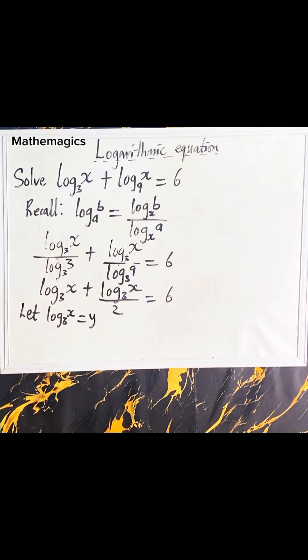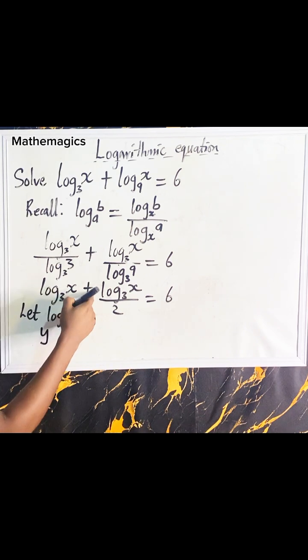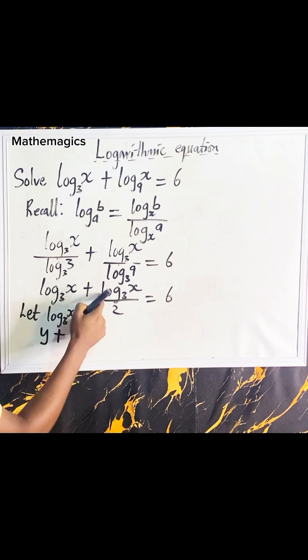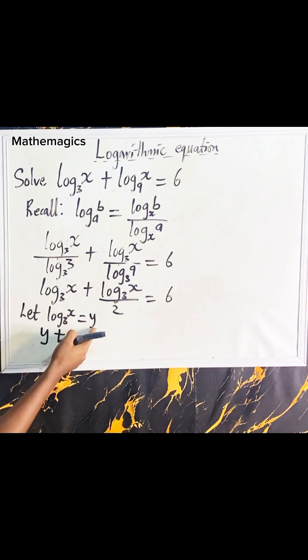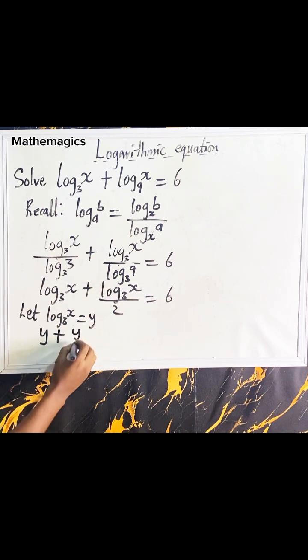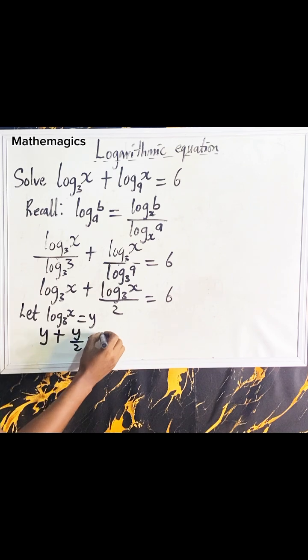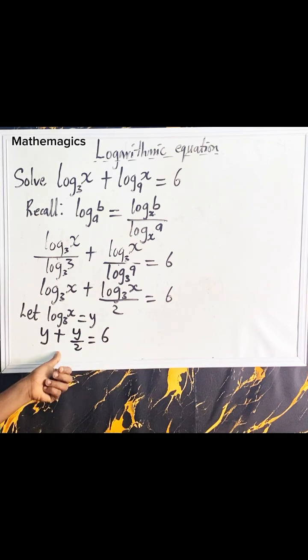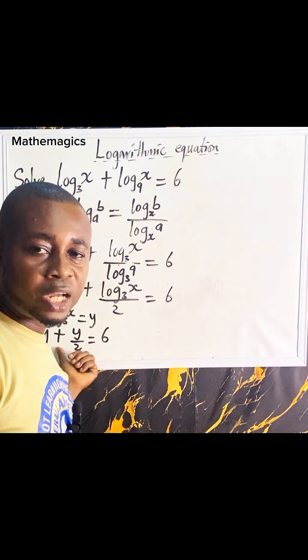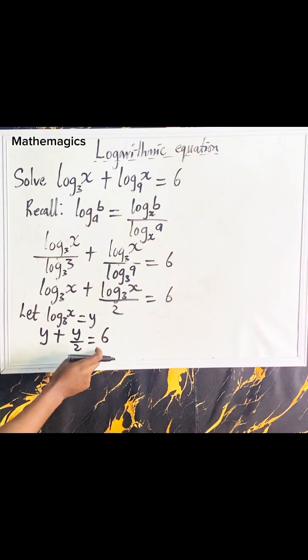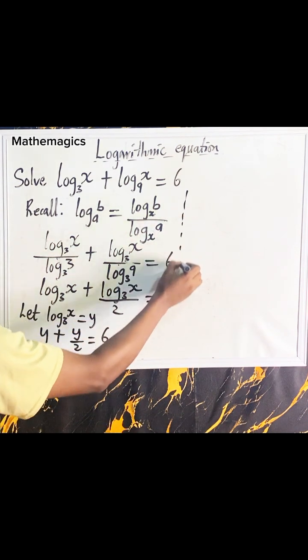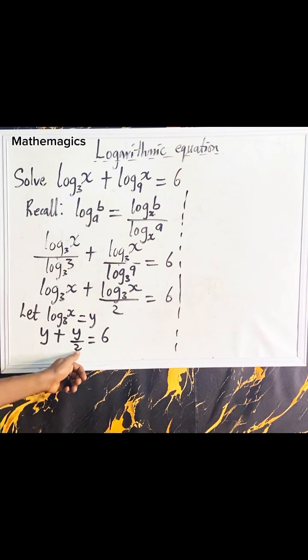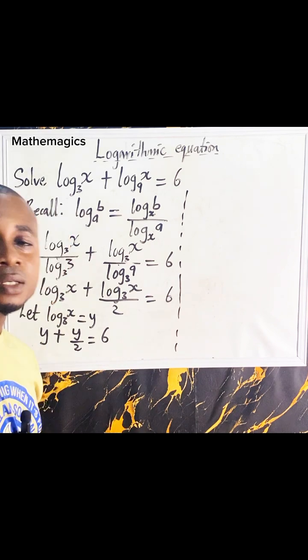So in this equation, we substitute: log to base 3 of x becomes y, then bring down your plus. Log to base 3 of x is also y. So I'm having y, then over 2, then equal to 6. It is becoming something you are much conversant with, right? At this point, this becomes an equation involving fraction. So the only thing I need here is to multiply both sides by the LCM.